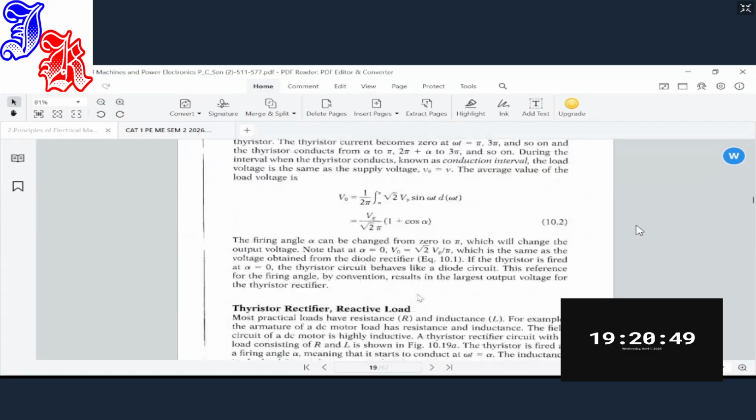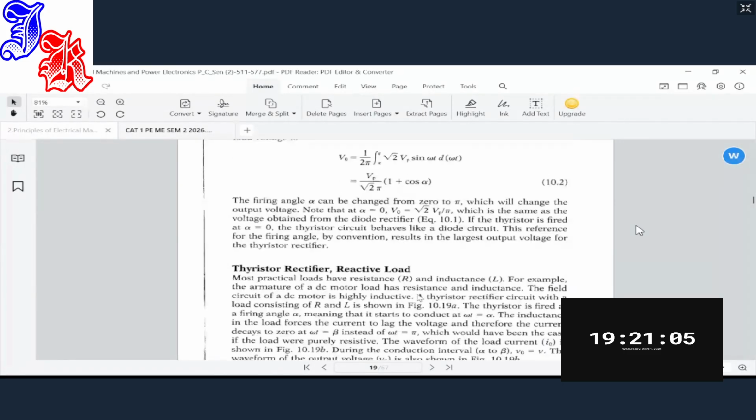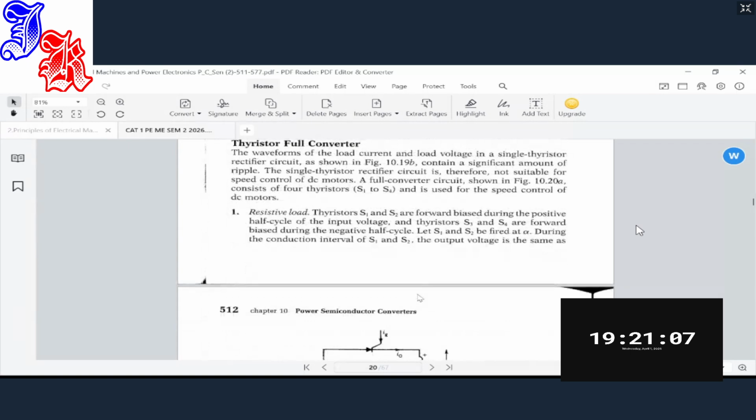When we talk about motors, they normally have a reactive load. We have both inductance because of the coil, and also resistance. So what happens to the output voltage when you have both?